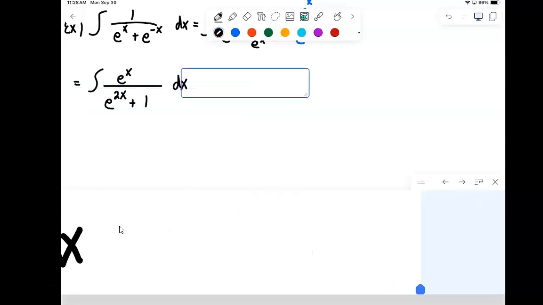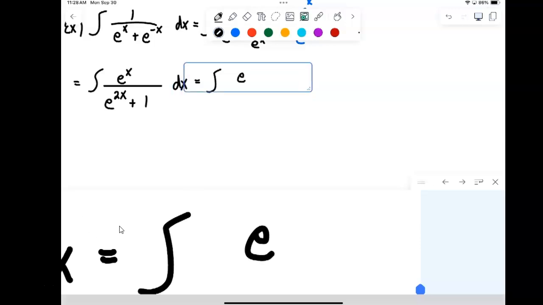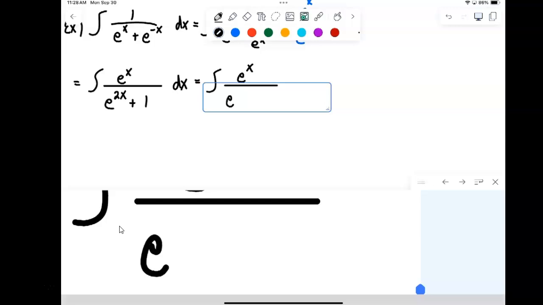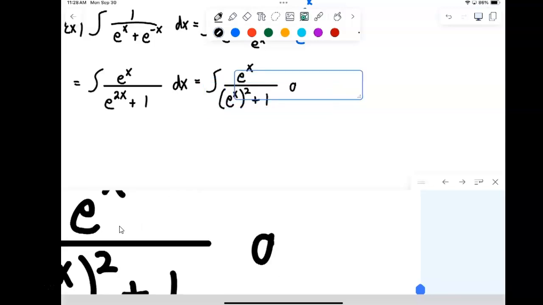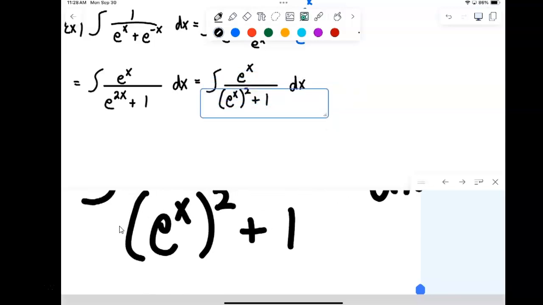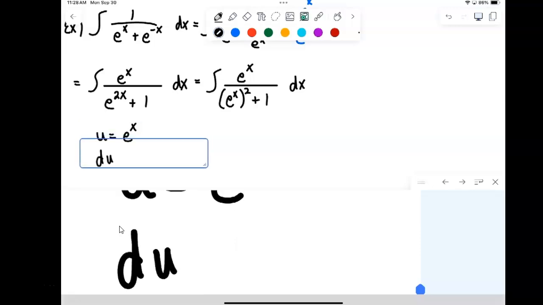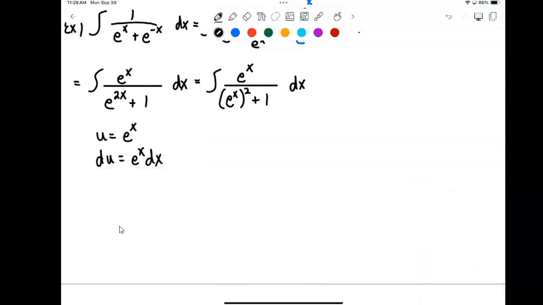Then a little light bulb goes off in my head. It says, hey, what if I write that e to the 2x as e to the x squared plus 1? Well, then I can let u be e to the x. Then du would simply be e to the x dx, which is what I already have on the top.